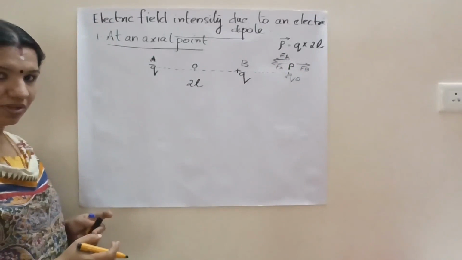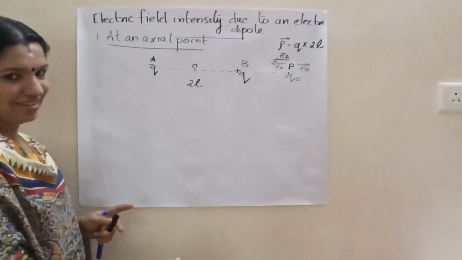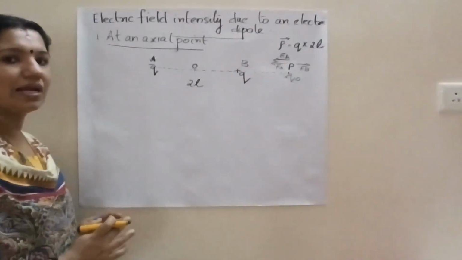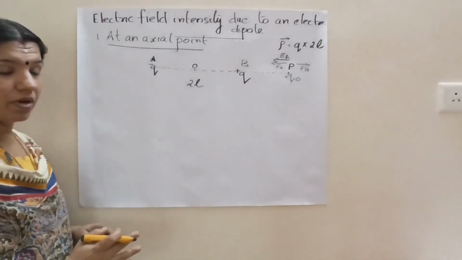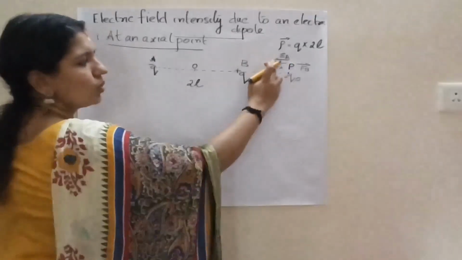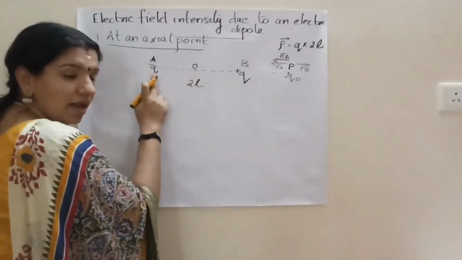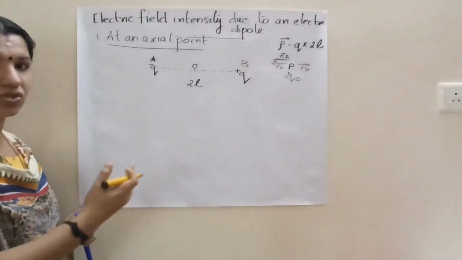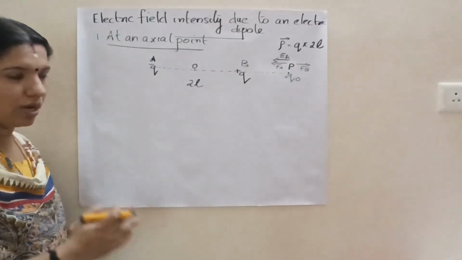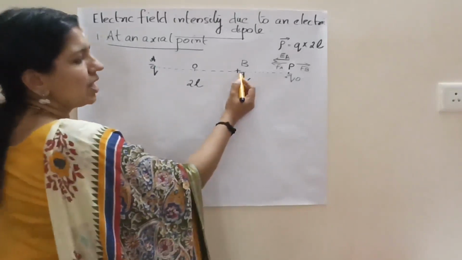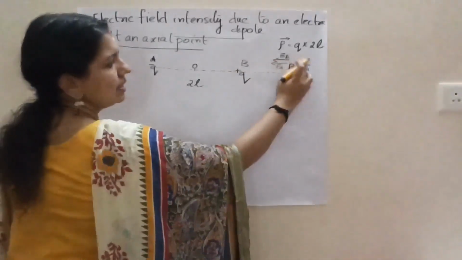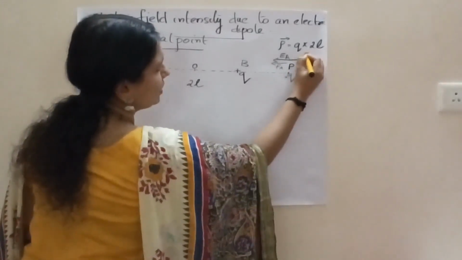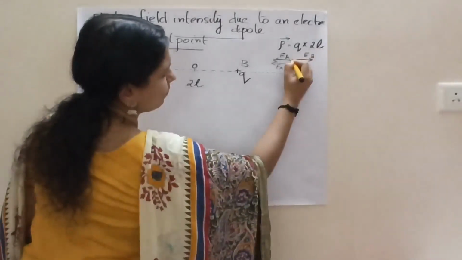Any doubt? It is clear that the direction of force and direction of electric field will always be the same. Again, for this charge, the electric field will be in this direction, which can be denoted as EB.